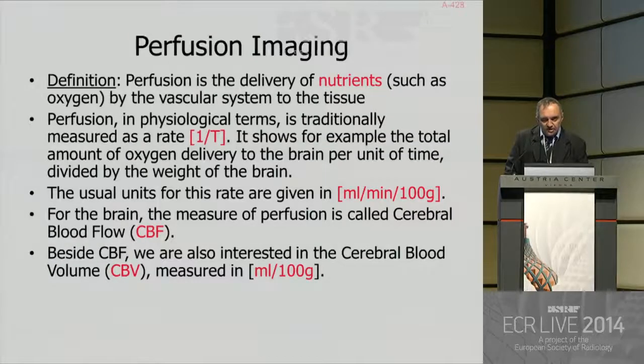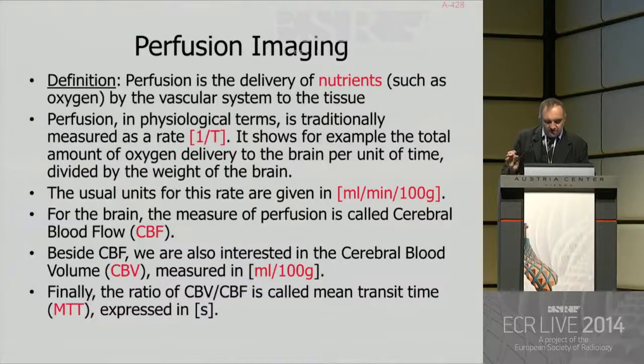And this is distinct from another measure that you've heard of if you've done dynamic susceptibility contrast imaging, which is cerebral blood volume, which is just the quantity of blood. Or yet another of the basic terms used in radiology, you've probably heard of the mean transit time, MTT, which is just a ratio of the blood volume over the blood flow.